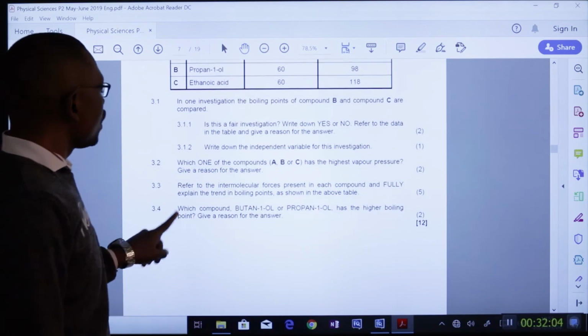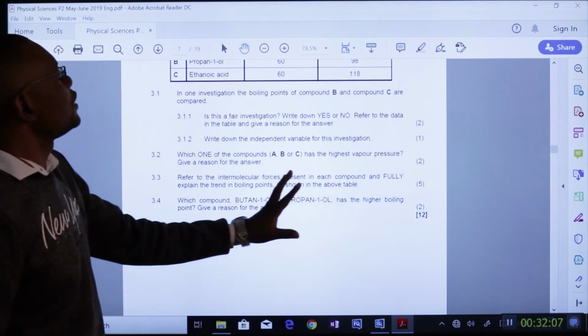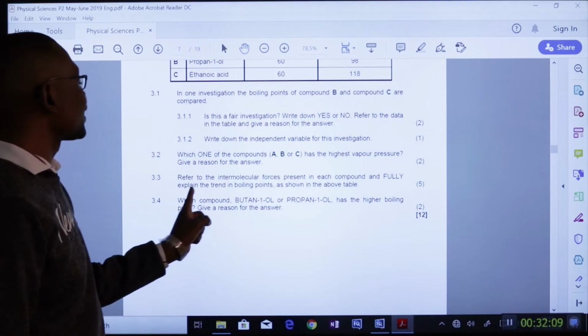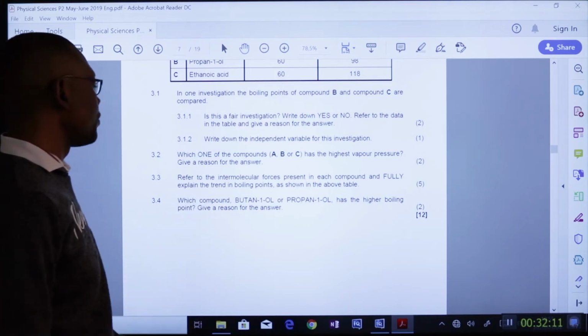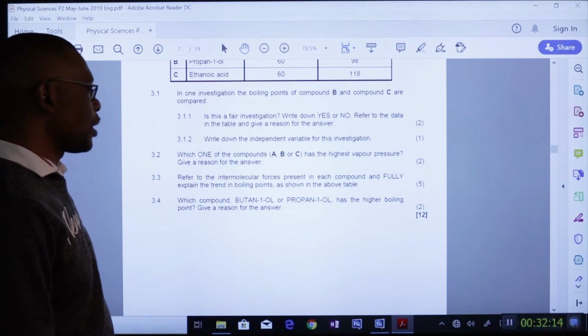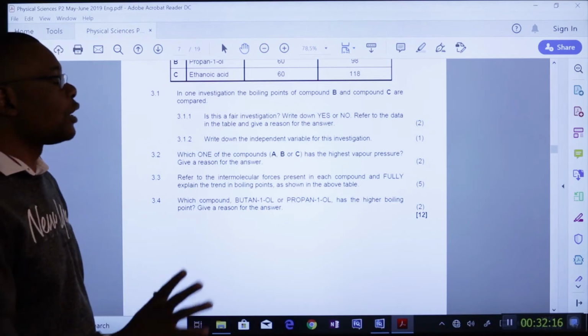Okay. Referring to the intermolecular forces present in each compound, fully explain the trend in boiling points as shown in the table above. 5 marks. Boys and girls, look at this.